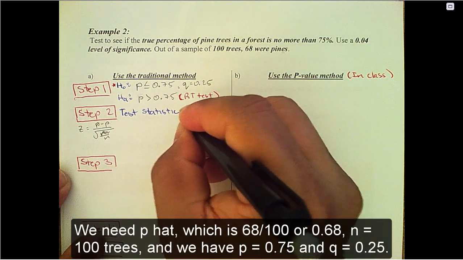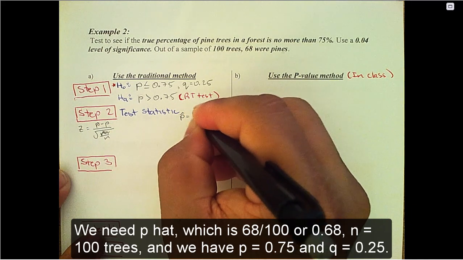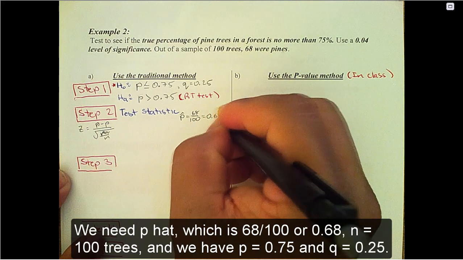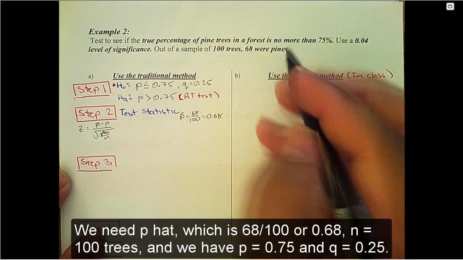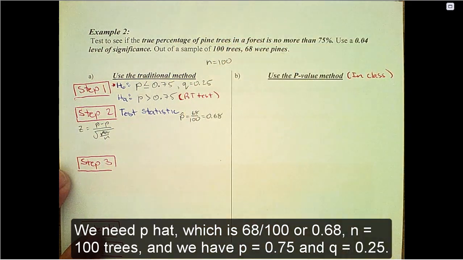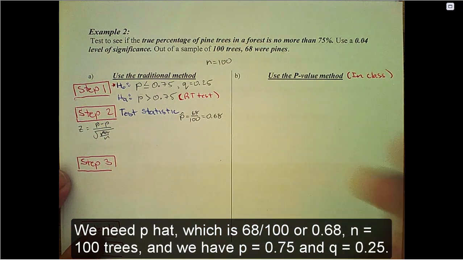We need p hat, which is 68 out of 100, or 0.68. N equals 100 trees, and we have P equals 0.75, and Q being equal to 0.25.